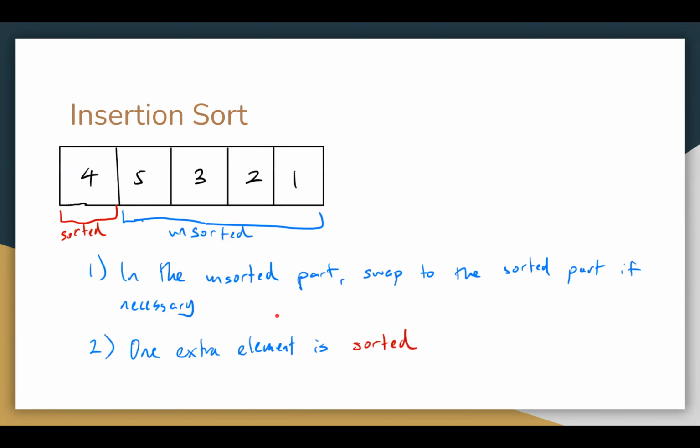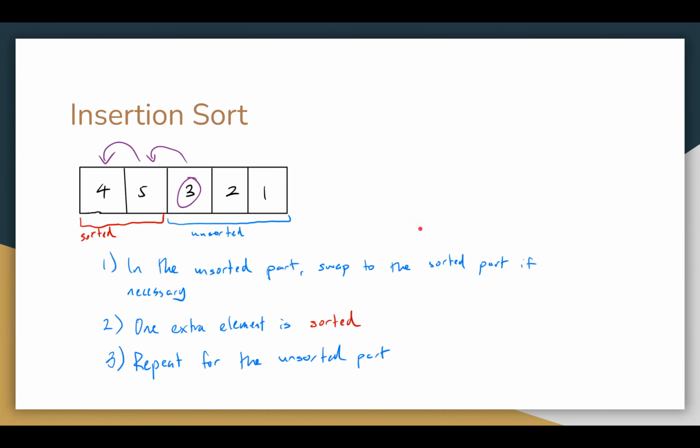So what it means is that our first element is 4, and 4 is just 4. So this 4 is the sorted part, and 5, 3, 2, 1 is the unsorted part. Next up is 5, and since 5 is greater than 4 and is located to the right side of the 4, this is right. So we just keep it as 4, 5, and 3, 2, 1 is our unsorted part.